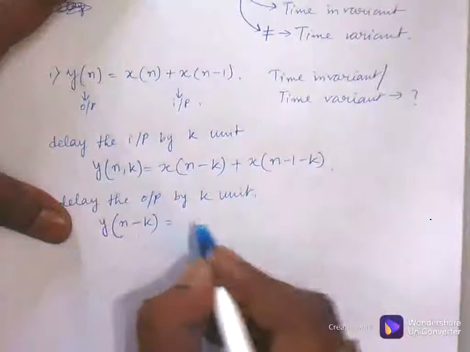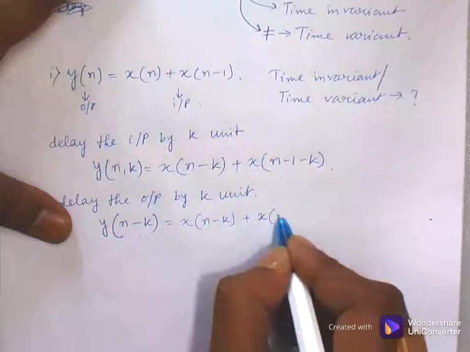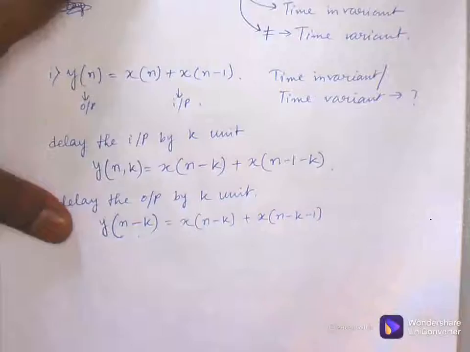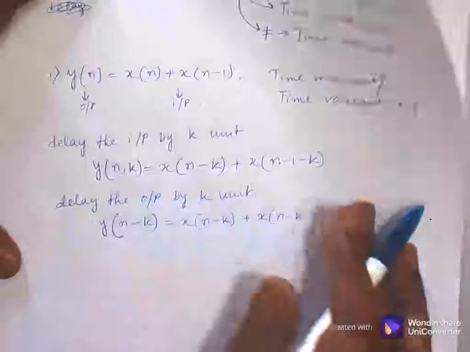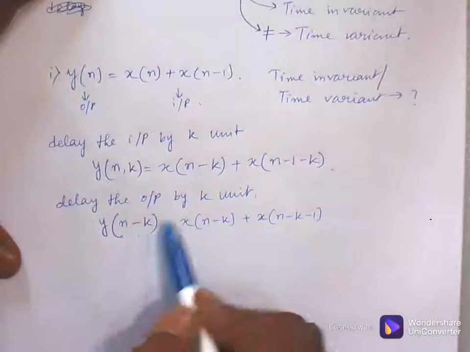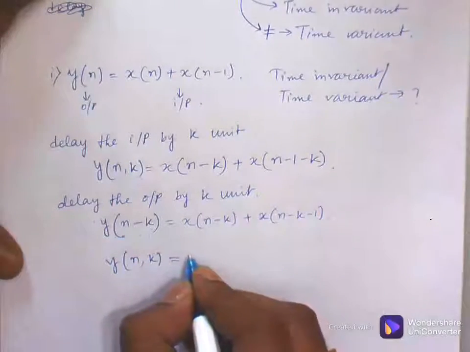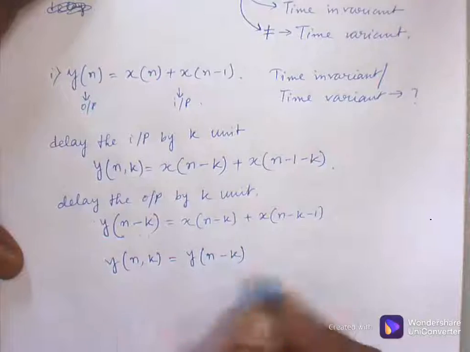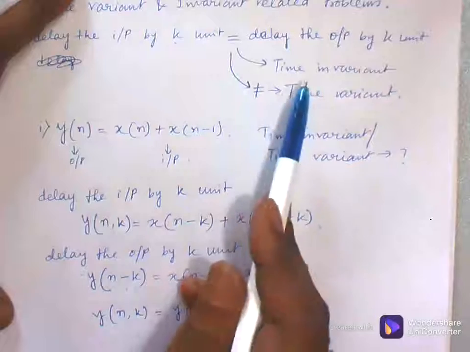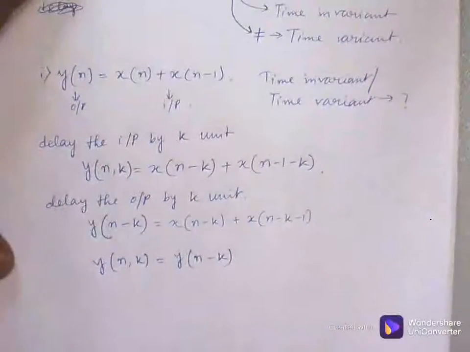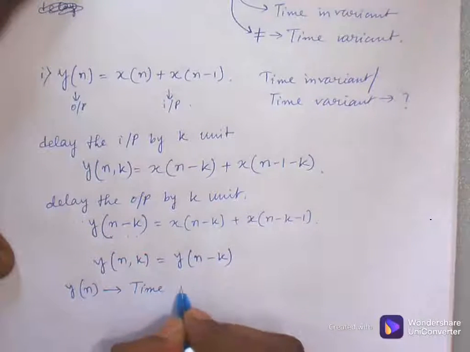So instead of n, I write n minus k, plus x of n minus k minus 1. Now compare y of n comma k and y of n minus k. See, both are equal. According to my condition, if both are equal, then this signal is time invariant. So I can say that y of n is time invariant.